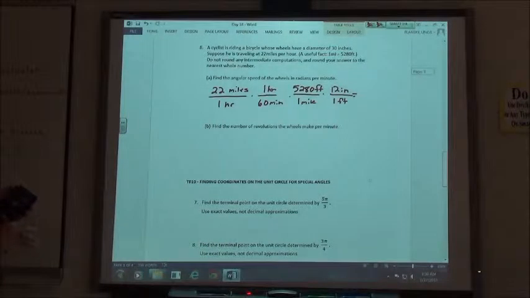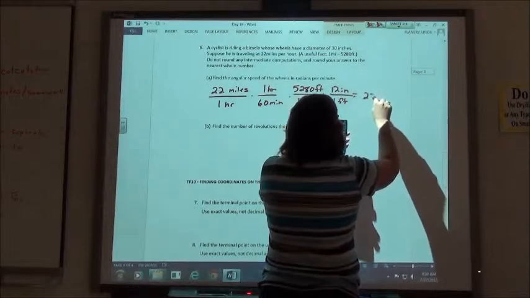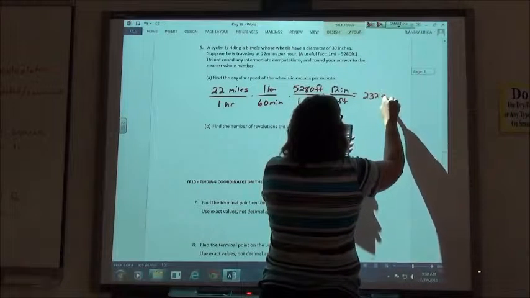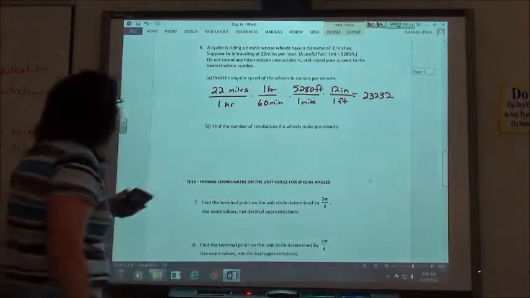So I'm going to take 22 times 5,280 times 12. I'm going to go ahead and hit equals. I'm going to divide that by 60. So we have 23,232.